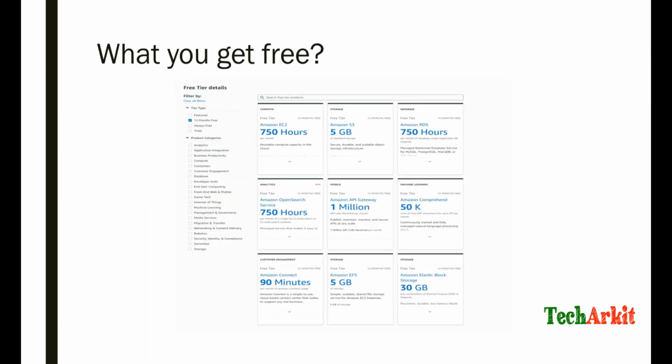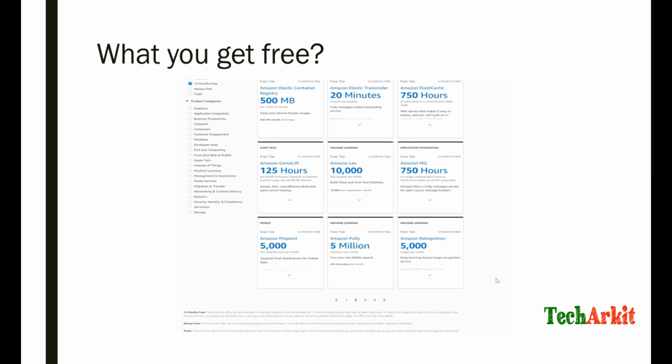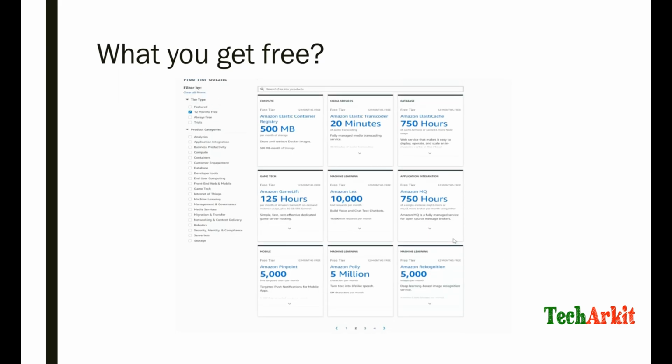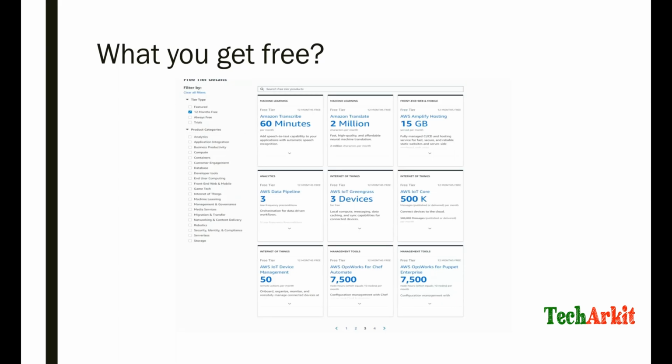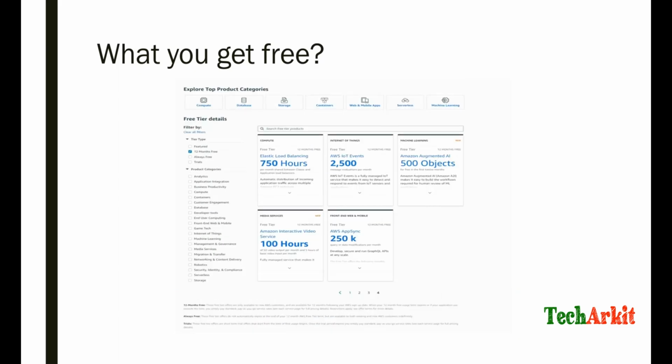With a free tier account, you will get Amazon EC2 750 hours, and S3, RDS. There are so many other things you will get out of a free tier account. You can see these are all the free tier offerings. Data pipelines, you can create up to 3, and Amazon Translate, up to 2 million transactions.